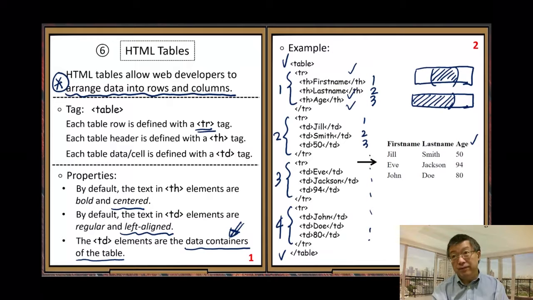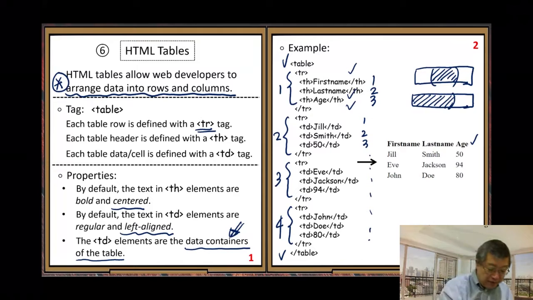What do I mean by data? Everything is data. Whatever we put there, we call it data. So, data container. You can put data in each cell.